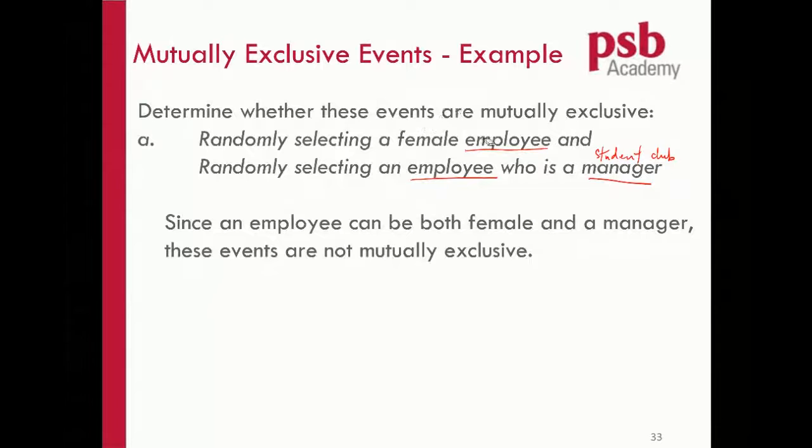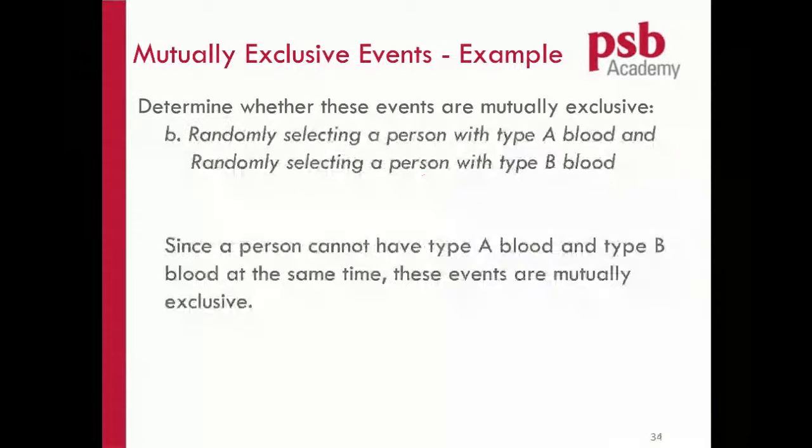A female student can be a student in the student club. A student in the student club can also be a female student. So these 2 events can happen at the same time. So they are not mutually exclusive. Okay. How about the next one?